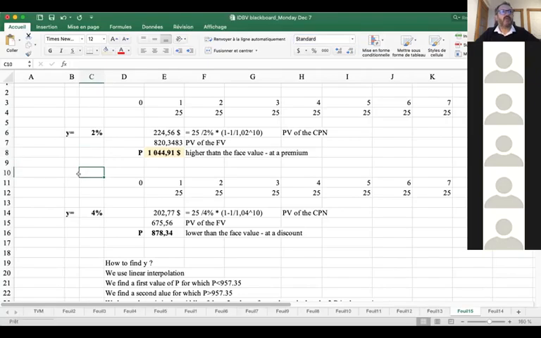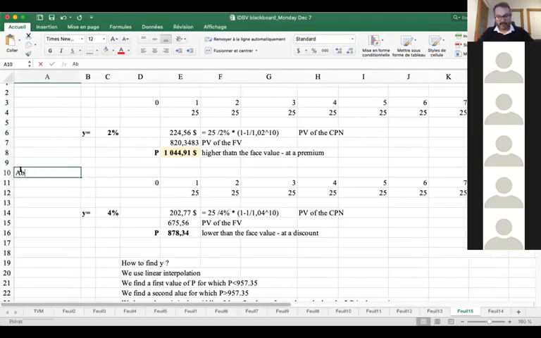So for example, in our Excel file, we know that the annual coupon rate is 5%, so the semi-annual coupon rate is 2.5%, okay? So when the yield to maturity is lower than the coupon rate, it trades at a premium.